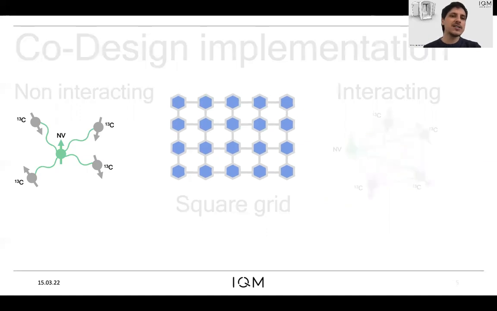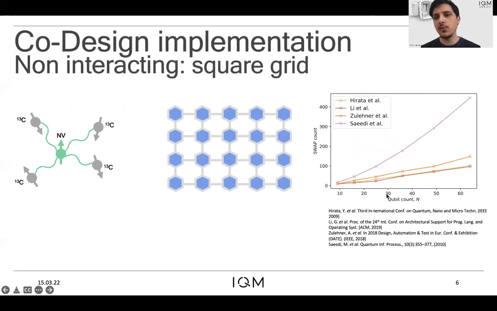For the non-interacting case, we can study the numerical techniques and represent the number of swaps that we require for this problem using these numerical techniques for the swap routing. So we see that they scale very nicely, but still we want to make it better because we want to compare this square grid performance against the co-design chip performance that I will show you later.